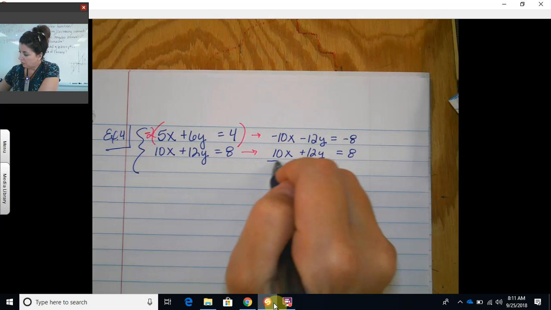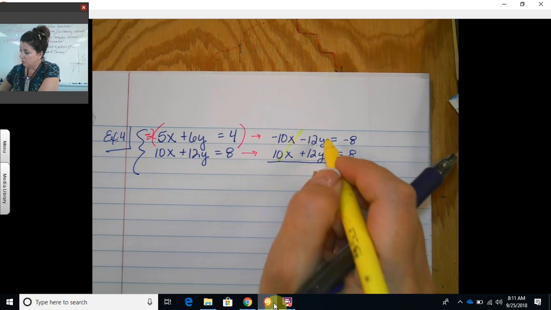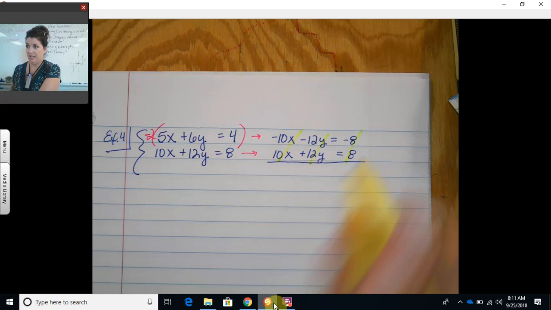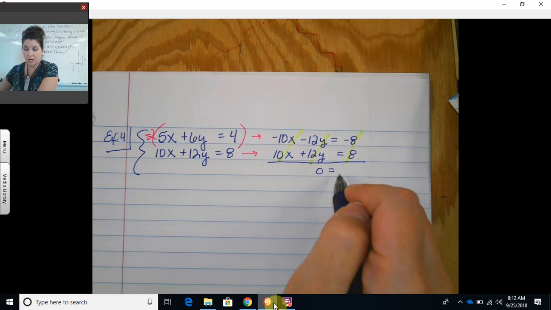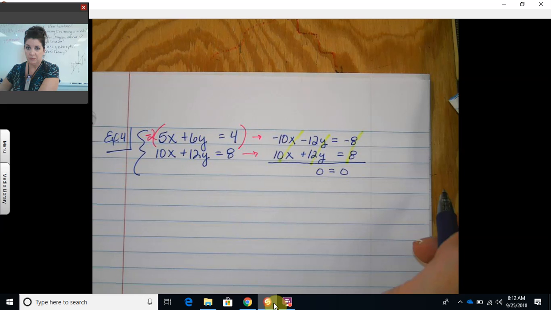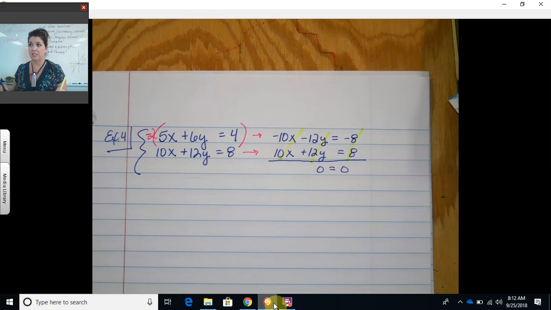The x's are going to eliminate. The y's are going to eliminate. The constants are going to eliminate. So what do I have on the left side of the equation? 0 equals, what's on the right side? 0. Is that a false statement? No solution? That's a true statement. No variables, but a true statement. What do you think the answer is? Infinitely many solutions. So if we would have graphed these, it would have been two lines that are the same line.